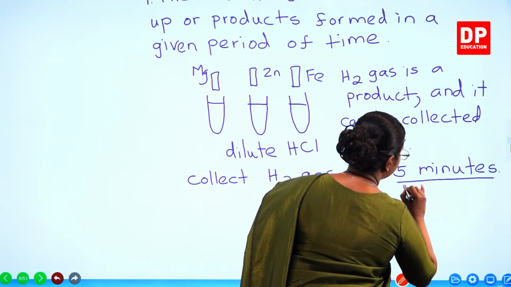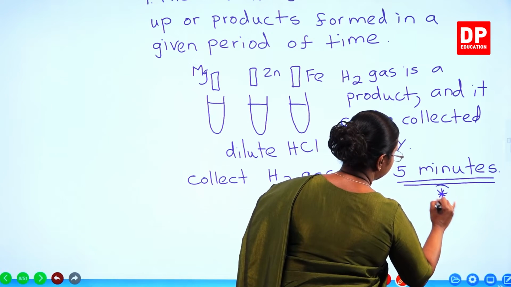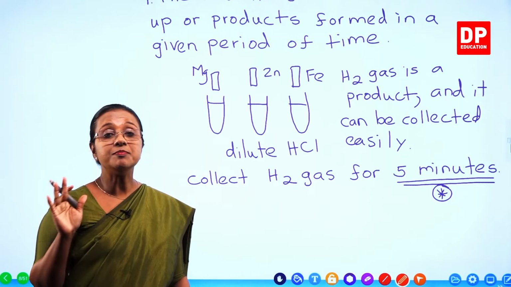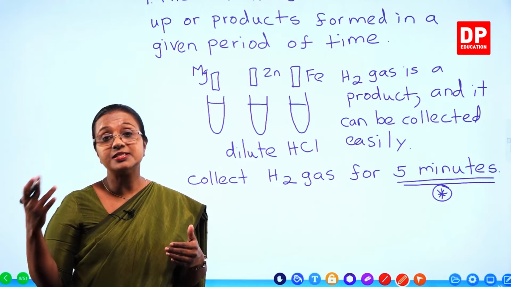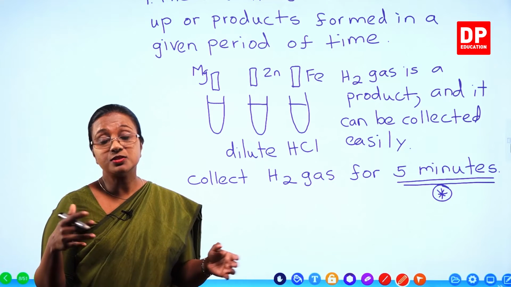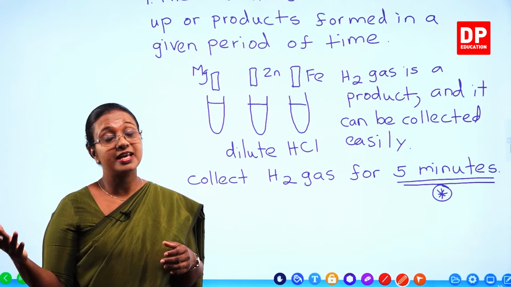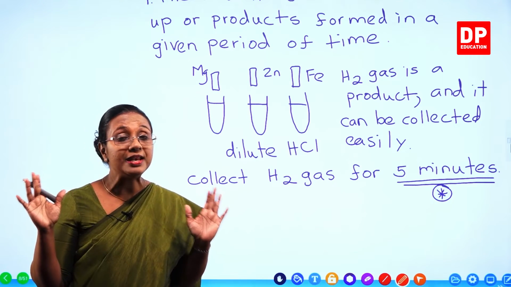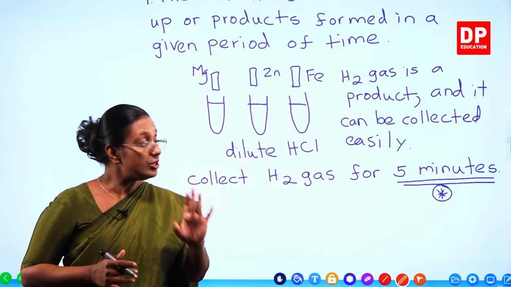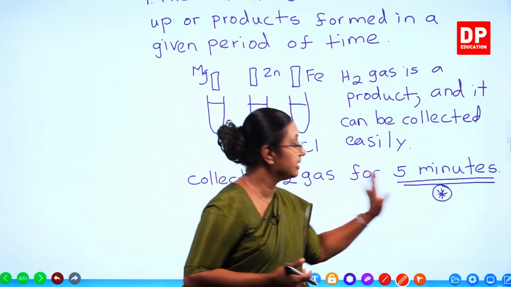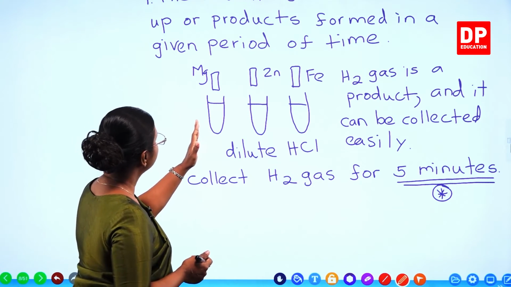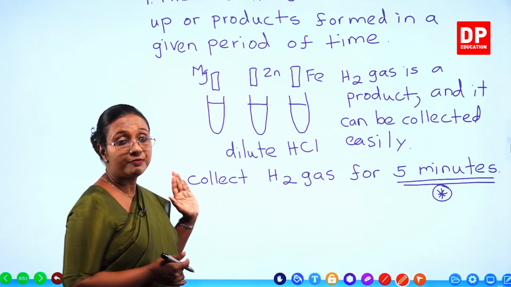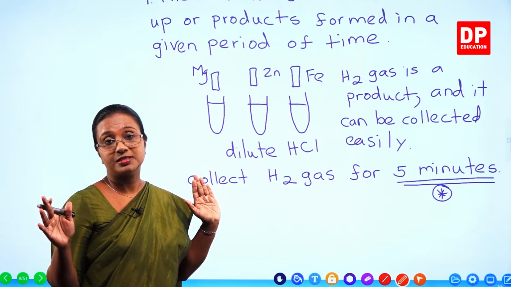So we have fixed the time there in a given period of time. It can be 5 minutes, 2 minutes, 15 minutes, 30 minutes. If it's a very slow reaction, we can even consider it as 1 hour. So depending on the reaction. But the only thing is, we fix the time. So the hydrogen evolved by the strip of magnesium in 5 minutes.